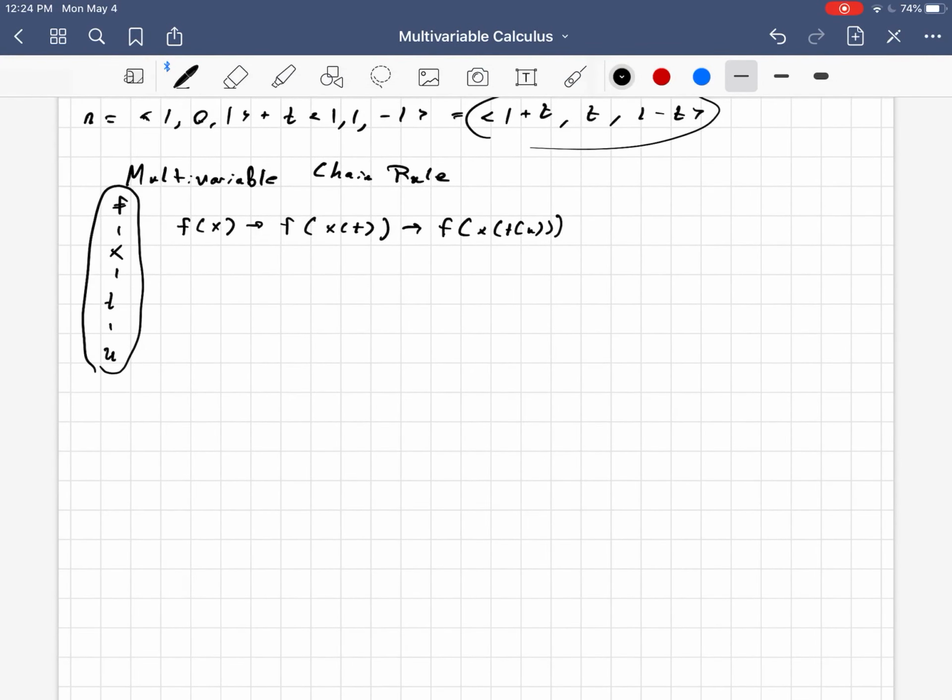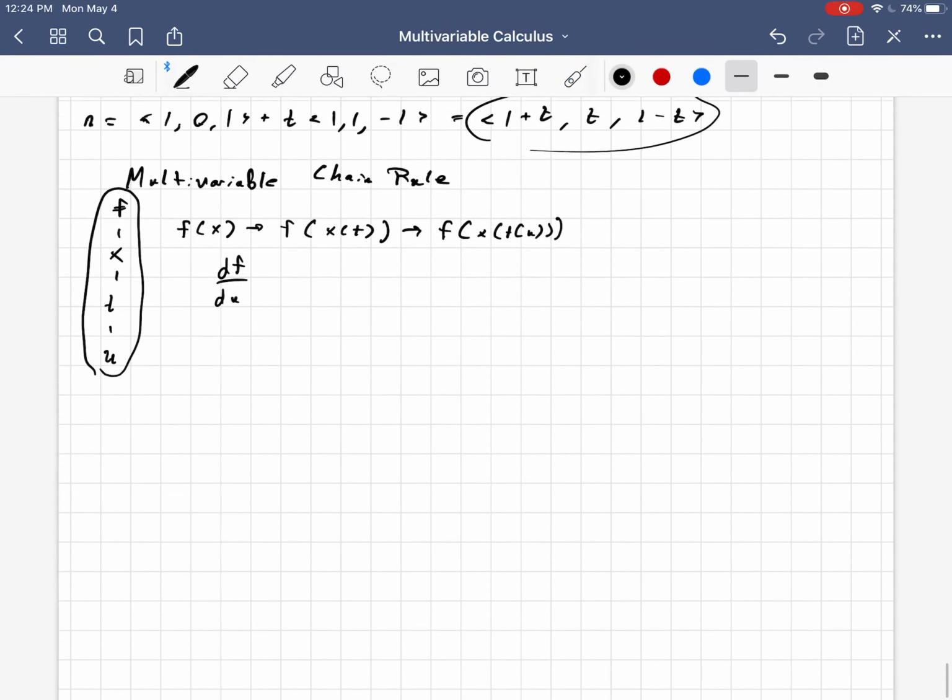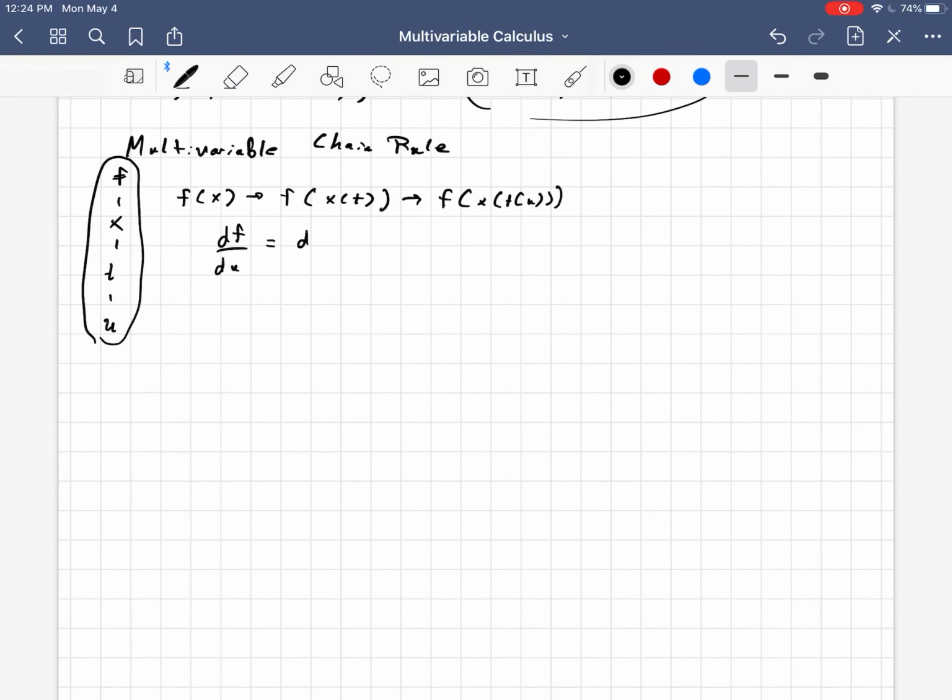And so if we were to differentiate f with respect to u, or I'm already doing partials, if we were to take the partial derivative of f with respect to u, and we would be taking it with respect to u since u is the innermost variable there, we would get the derivative of f with respect to x times the derivative of x with respect to t times the derivative of t with respect to u. And all that's due to the chain rule from single variable calc. So hopefully all I've said here is nothing new to you at all.